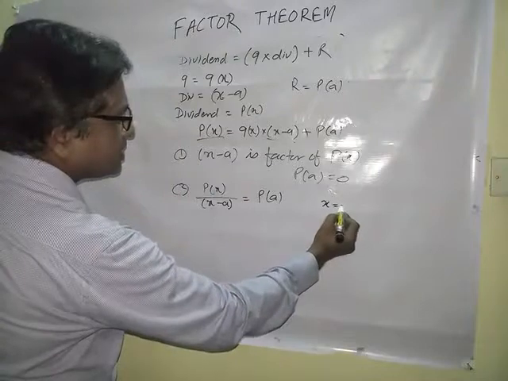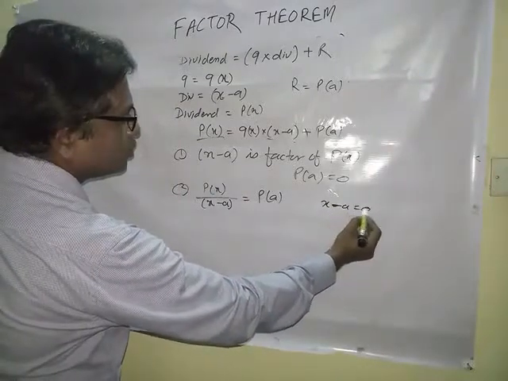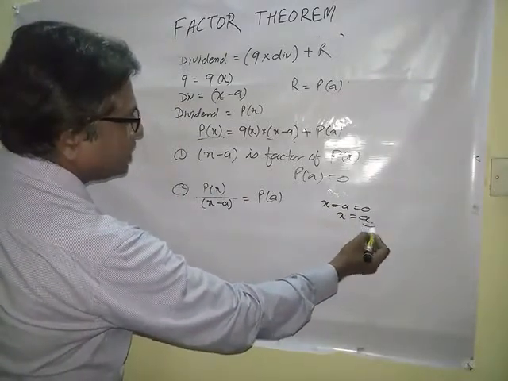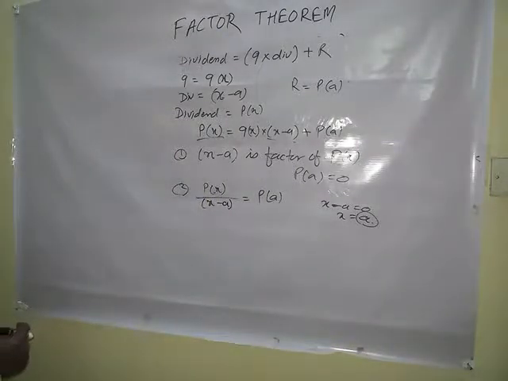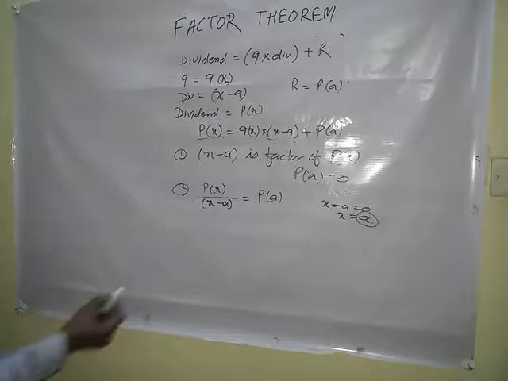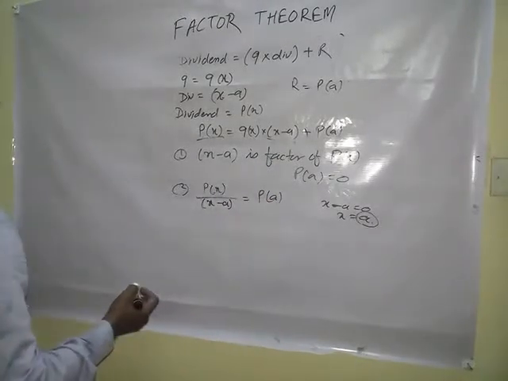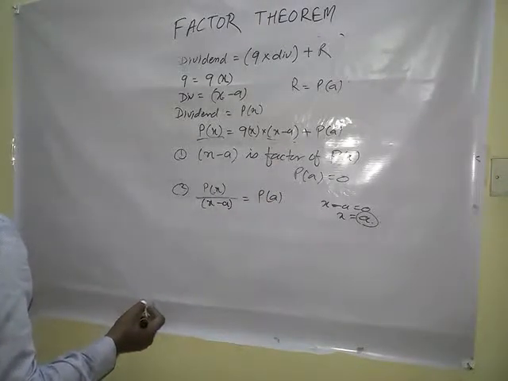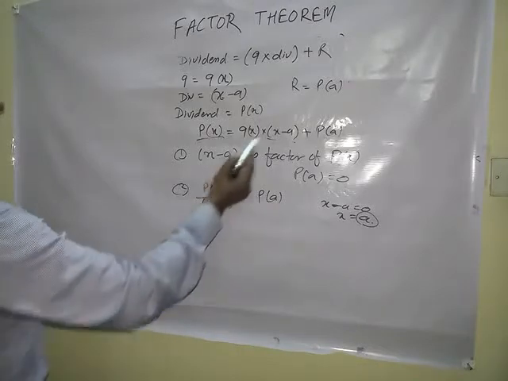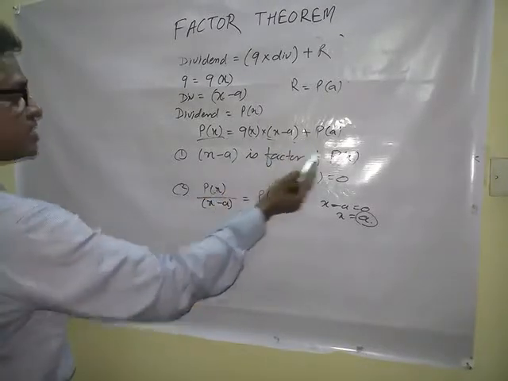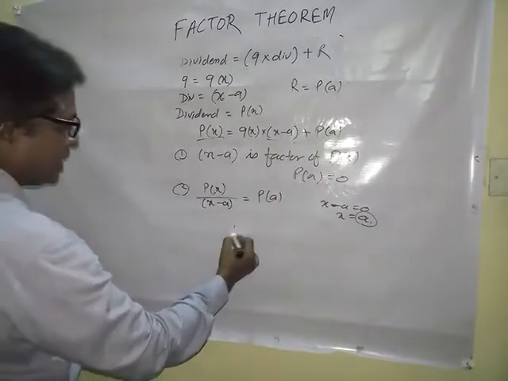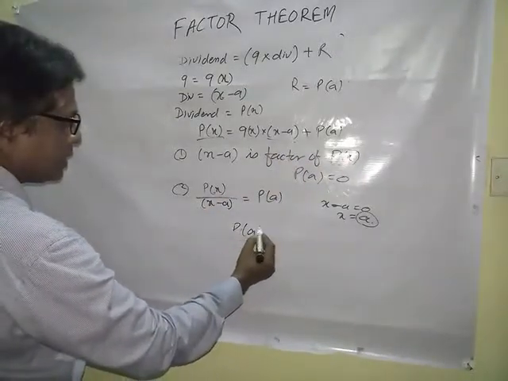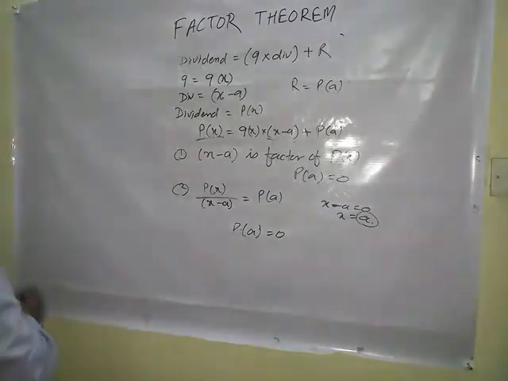Simply, x minus a is equal to 0, so x is equal to a, so this value of a has to be replaced here. So with these two theorems, we can prove that if it is completely divided, then P(a) is equal to 0.